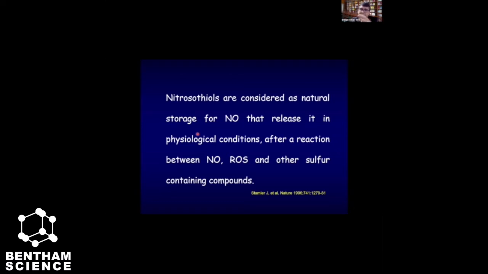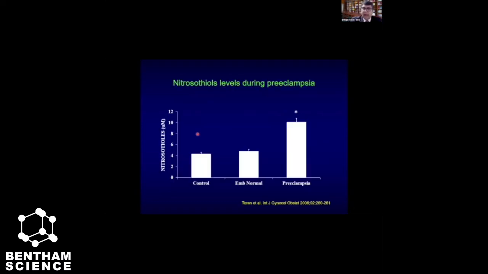So we were back to our model, to the preeclamptic women, and we found this very interesting picture. We found that women with normal pregnancy have no different levels of nitrosophiles, of nitroproteins, compared to non-pregnant women. However, look at the end, what happened with the preeclamptic women.